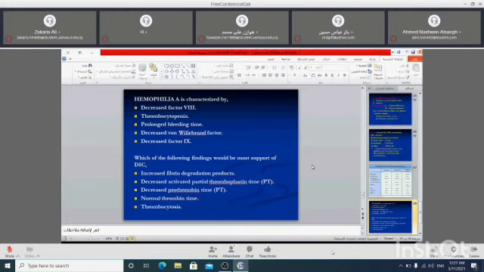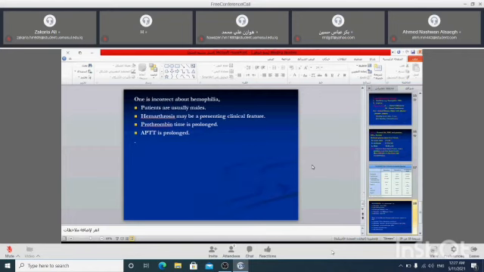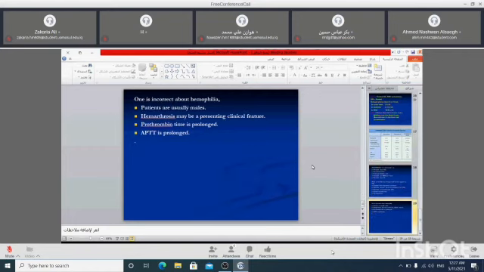One is incorrect about hemophilia. Patients are usually male. Hemarthrosis may be presenting clinical feature. Prothrombin time prolonged. APTT is prolonged.